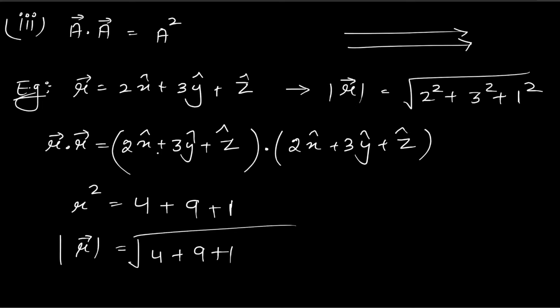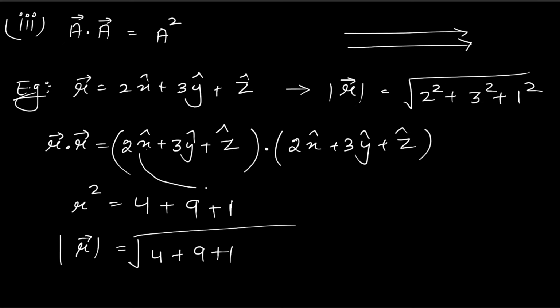Why am I not multiplying the other terms? If you multiply x with x cap, these are the same vector, so theta between them is 0 and cos theta is 1.